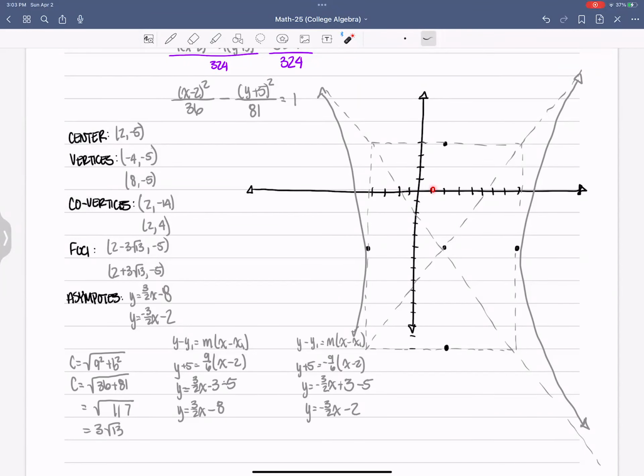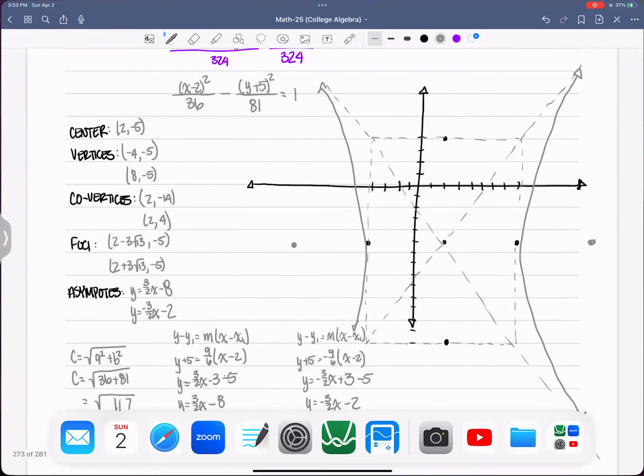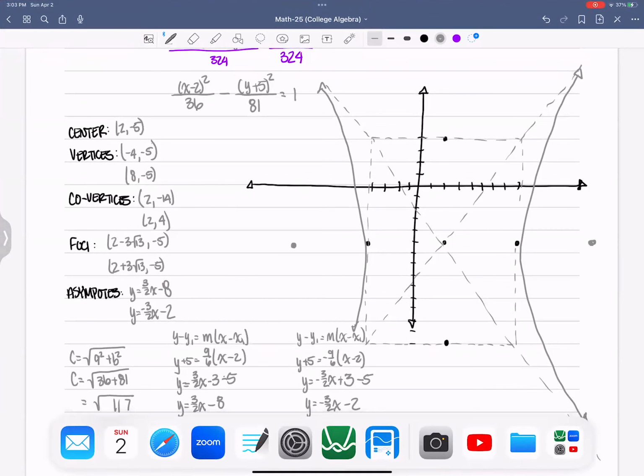So we went out 1, 2, 3, 4, 5, 6, 7, 8, 9, 10. 10.8 is going to be somewhere over here, which means this one's going to be somewhere way over here. There we go. And just so we could see what it looks like graphed, let's go on Desmos.